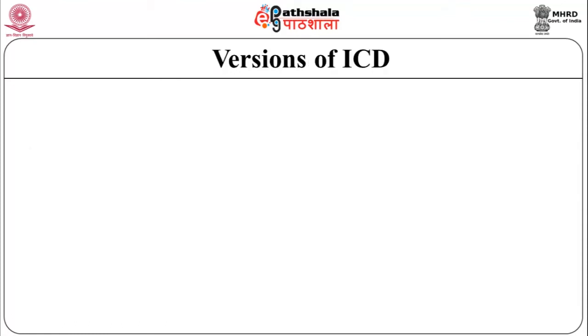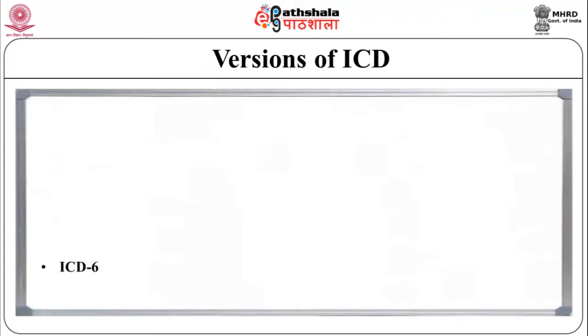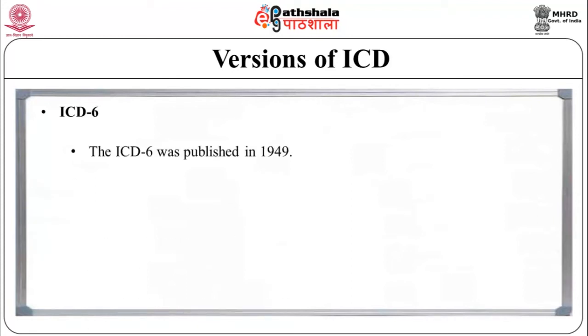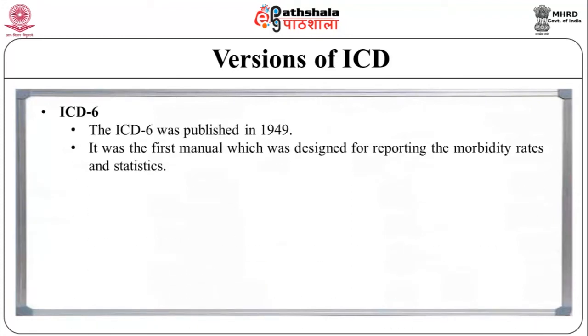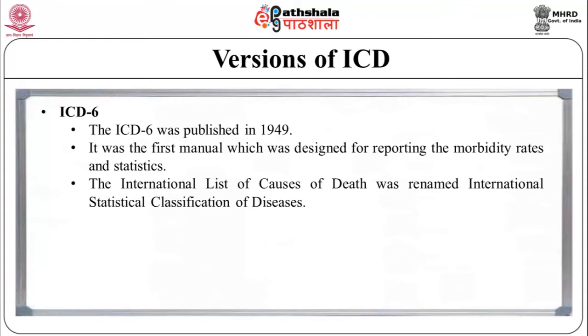Now let us discuss the versions of ICD. First, we have ICD-6. The ICD-6 was published in 1949. It was the first manual which was designed for reporting the morbidity rates and statistics. The International List of Causes of Death was renamed International Statistical Classification of Diseases.